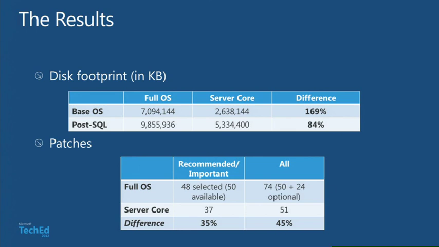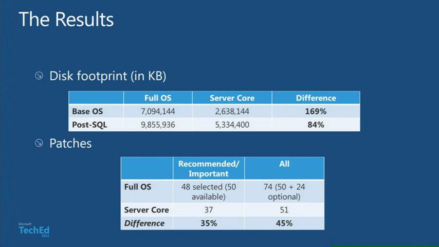Then he looked at patching. 48 selected, 50 available for recommended and important on the full OS, down to 37 for Server Core. A 45% savings among all patches for Server Core. So right here, the empirical evidence to say that a core operating system is going to cause you less patching. And less patching means less work and less downtime.